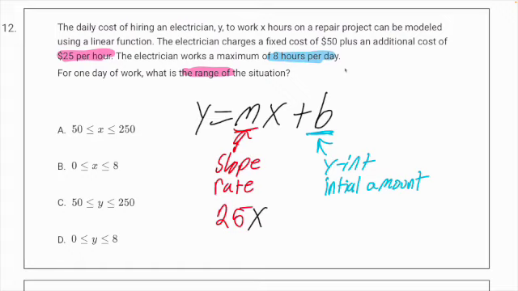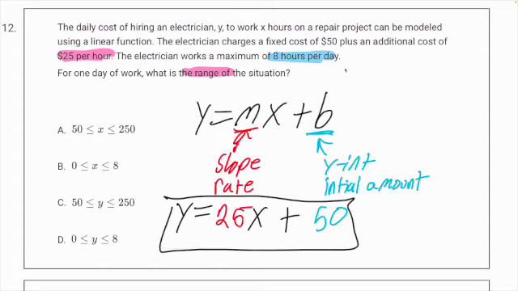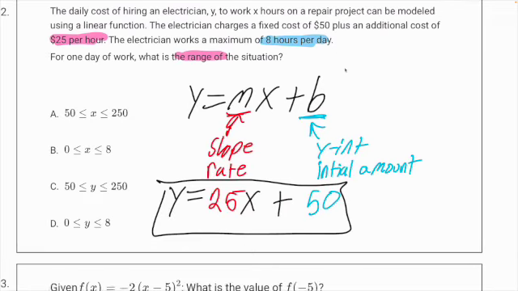In order to get this electrician out to come help me, how much does it cost me? Right off the bat, $50. So it costs me $50. Guys, here is my equation.